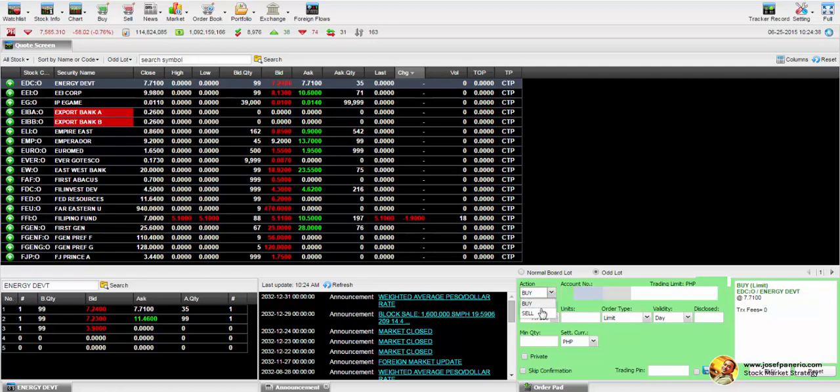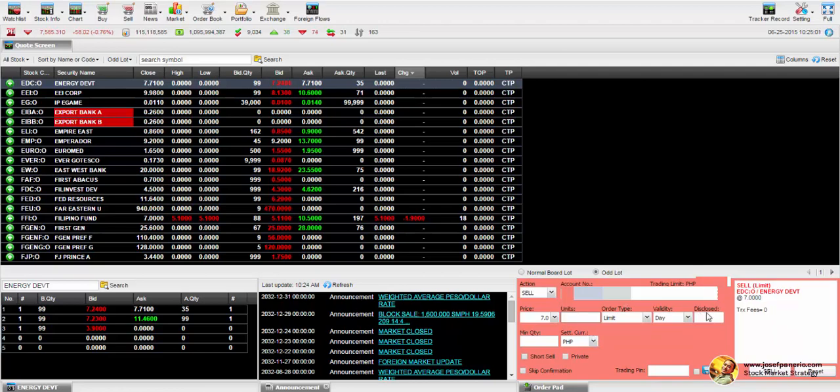And if you choose the option to sell, then it turns red. Then you can pick what price you want, or you can just type it, something like that. The units is the number of shares that you want.